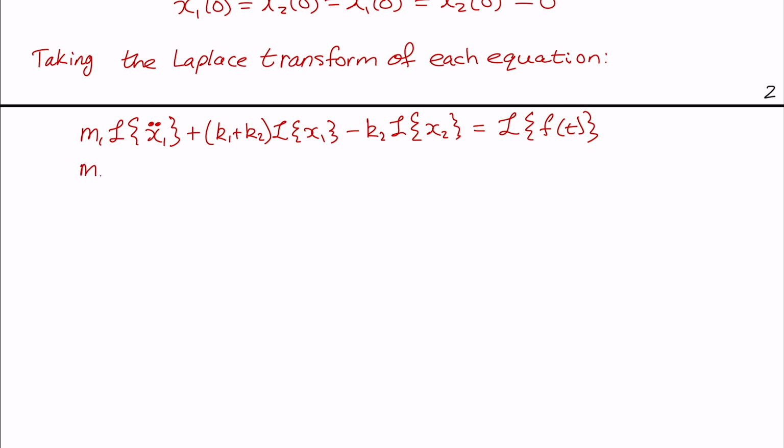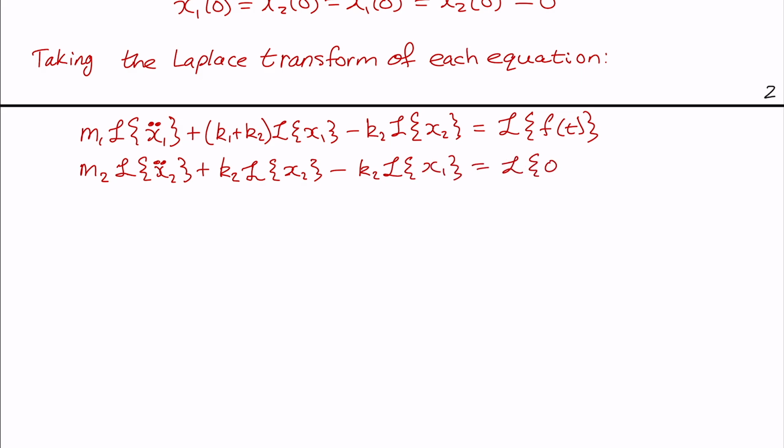For the second equation, we're going to get m2 times the Laplace transform of x2 double dot plus, in this case, just k2 times the Laplace transform of x2 minus k2 times the Laplace transform of x1 is equal to the Laplace transform of 0.